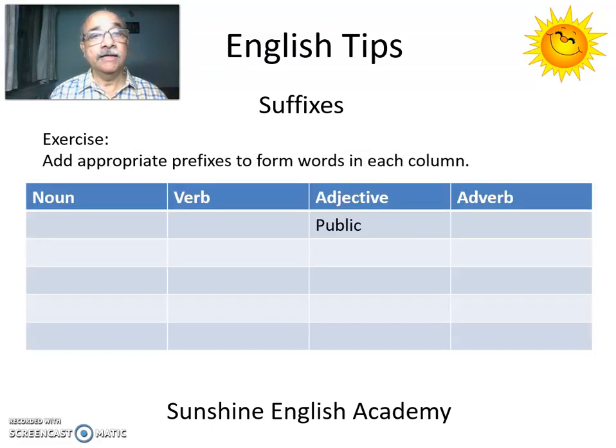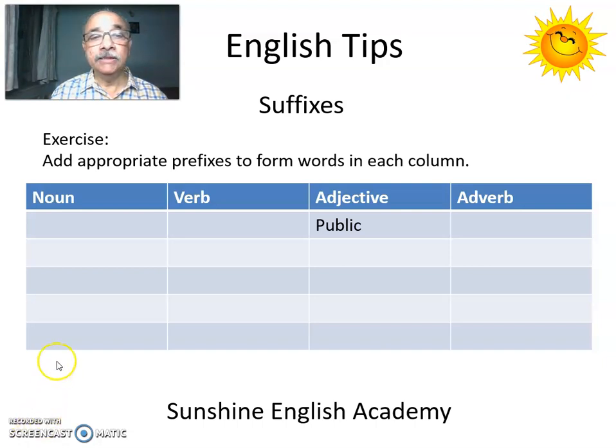Let's look at another example. Here we have the word public, which is an adjective. Now we have to add suffixes to this word to form a noun, a verb, and an adverb. Let us first try to form a noun. So can you think of a suffix which we can add to public to form a noun?